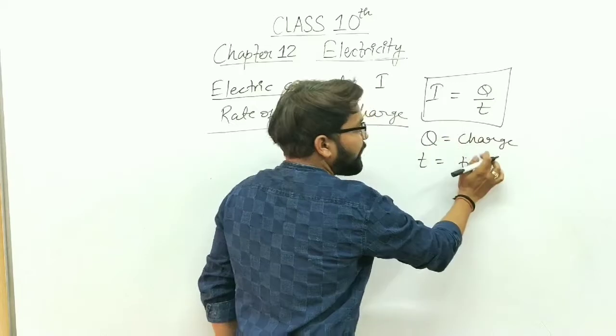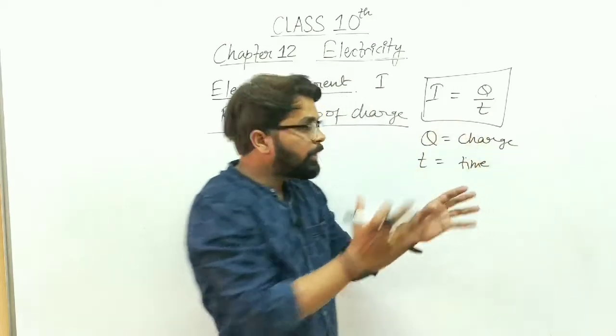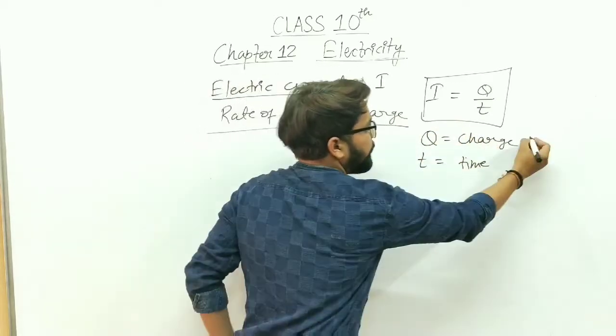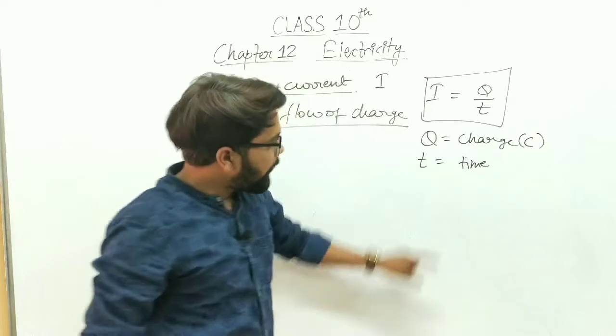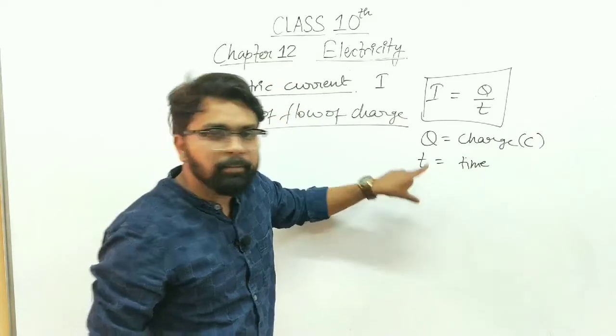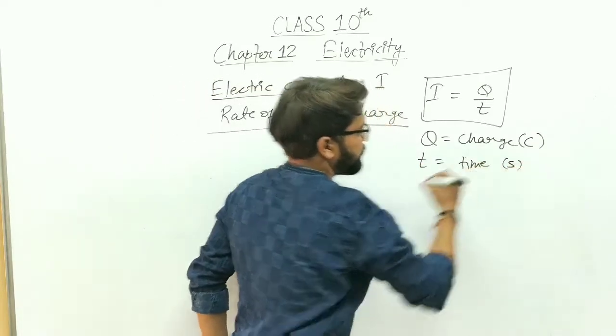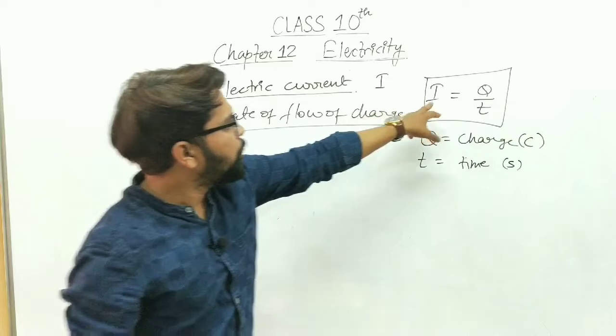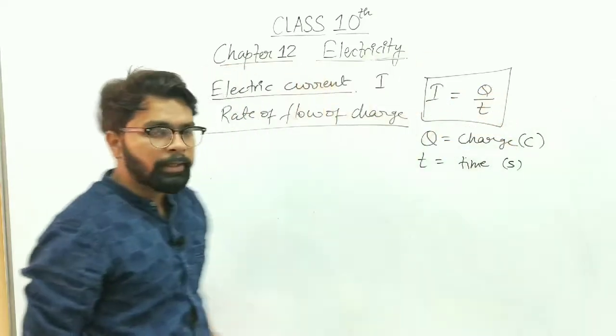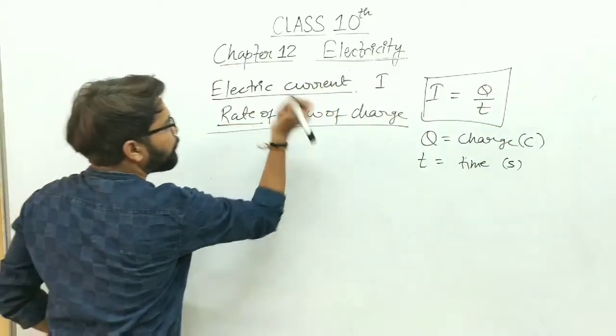Always take the SI unit of charge, as I mentioned, coulomb, and the time in seconds. So I equals Q upon T. Now what is the rate of flow of charge? What does it mean?